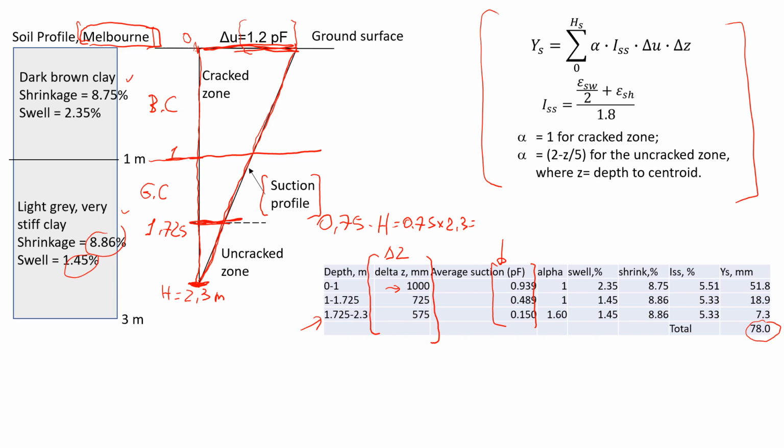Then you see this gray, very stiff clay, it's actually divided into 2 sublayers, even though it's 1 layer of clay, because we have the boundary between cracked and uncracked zone, so that will be the first part that we're gonna analyze, and then the second part. The reason why we draw a line is because the value of alpha is going to be different. So that's why we actually need to divide it into 2 parts.